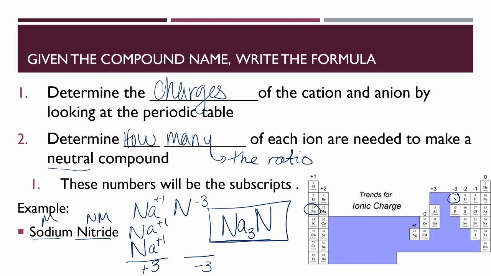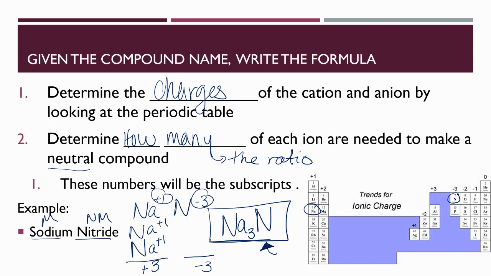Okay, please note that in this formula, there are no positives, no negatives, no charges written out. It is simply the ratio of how many sodium ions I needed to even out that negatively charged nitrogen ion. Okay, another way we can think about this is we can think about making sure the charges match the least common multiple of both of them.